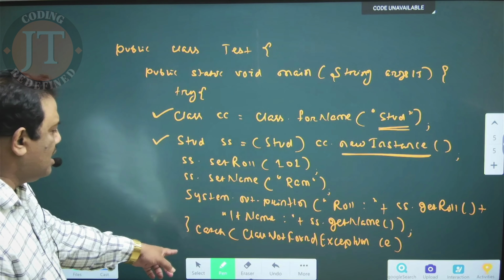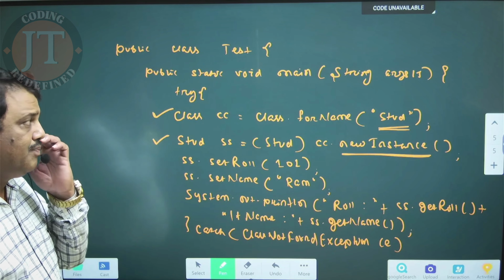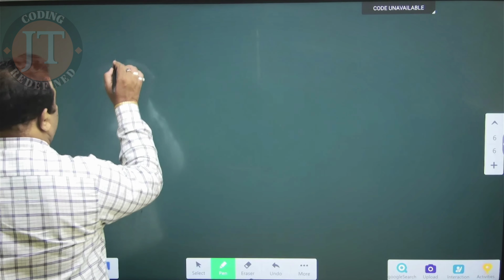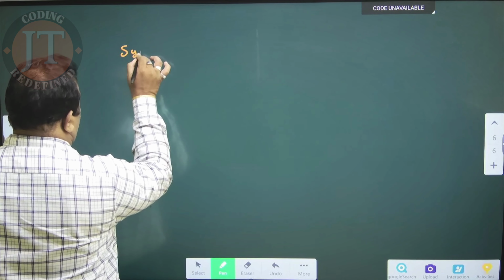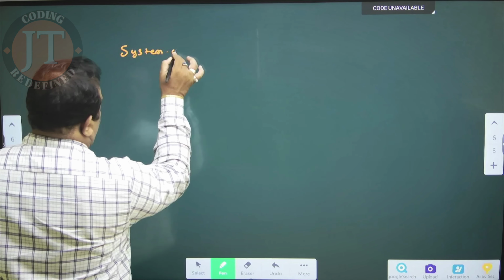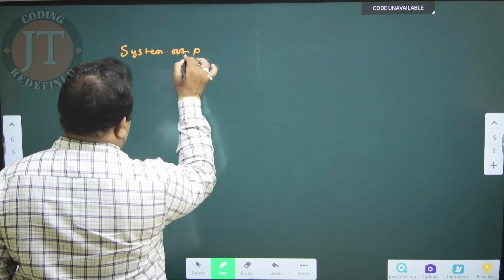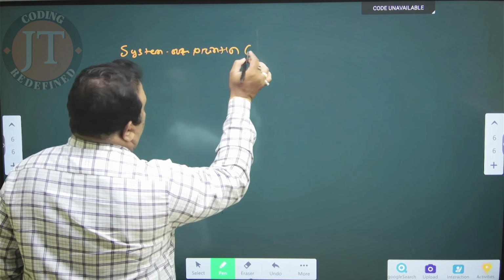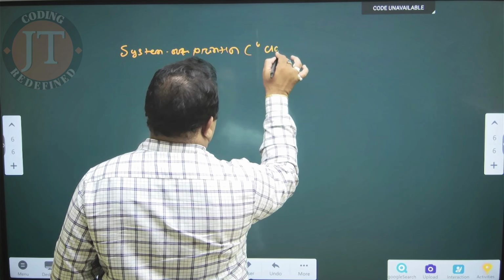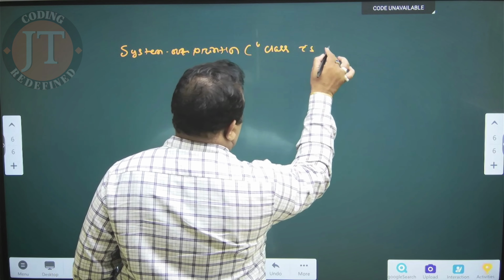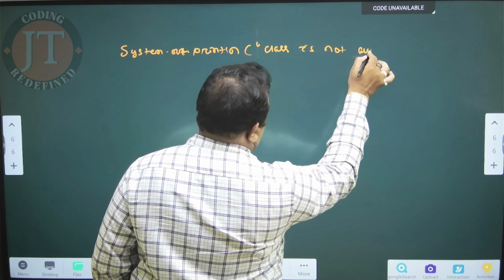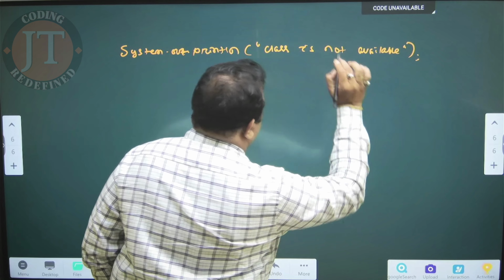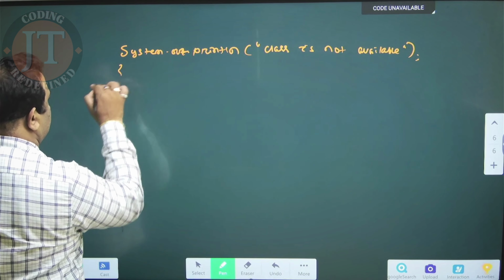I handle the first exception, that is ClassNotFoundException. What I can do here is System.out.println("Class is not available"). If the class is not available, then this exception will arise.